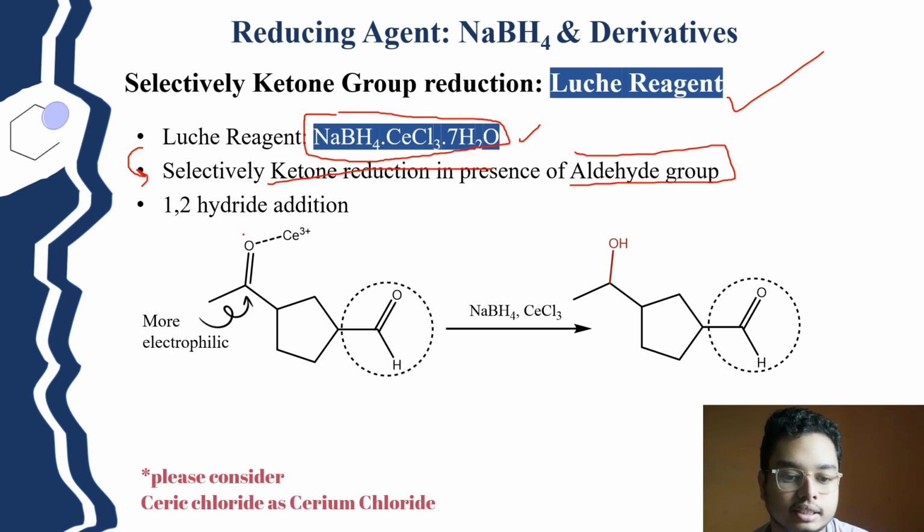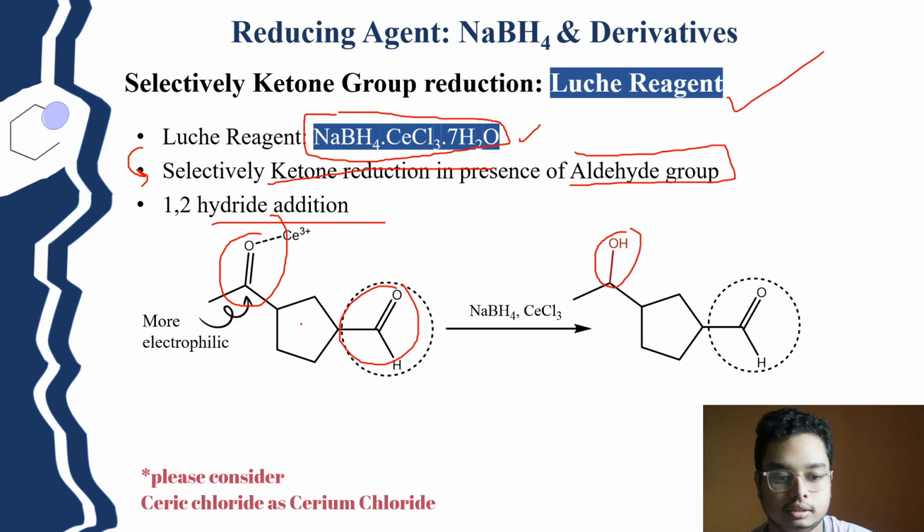Here you can see that the same molecule contains a ketone group and an aldehyde group. Now, if you want to selectively reduce the ketone group, then we can use the Luche reagent to see the ketone group getting reduced to its corresponding alcohol, but the aldehyde group doesn't participate in the reaction. And this is the 1,2 hydride addition.